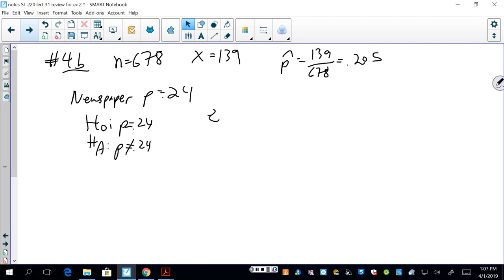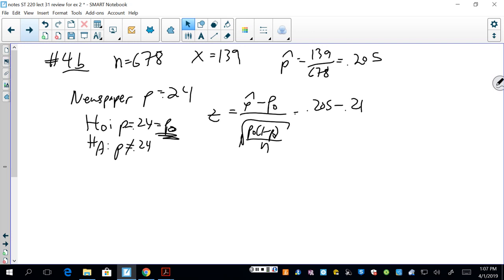The z statistic is p hat minus p0, over the square root of p0 times 1 minus p0 over n, where p0 is the null value. So 0.205 minus 0.24, and 1 minus 0.24 is 0.76, over the 678.